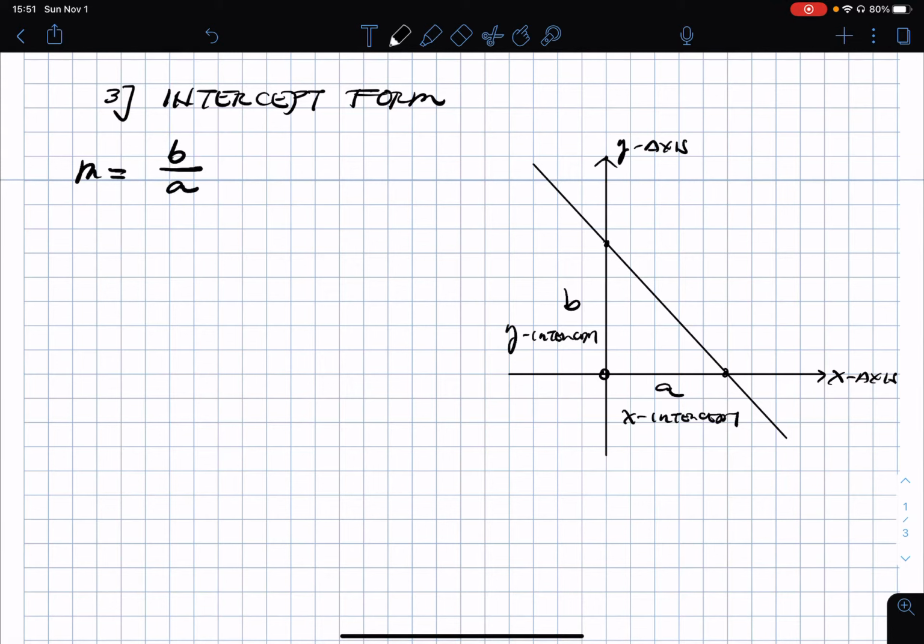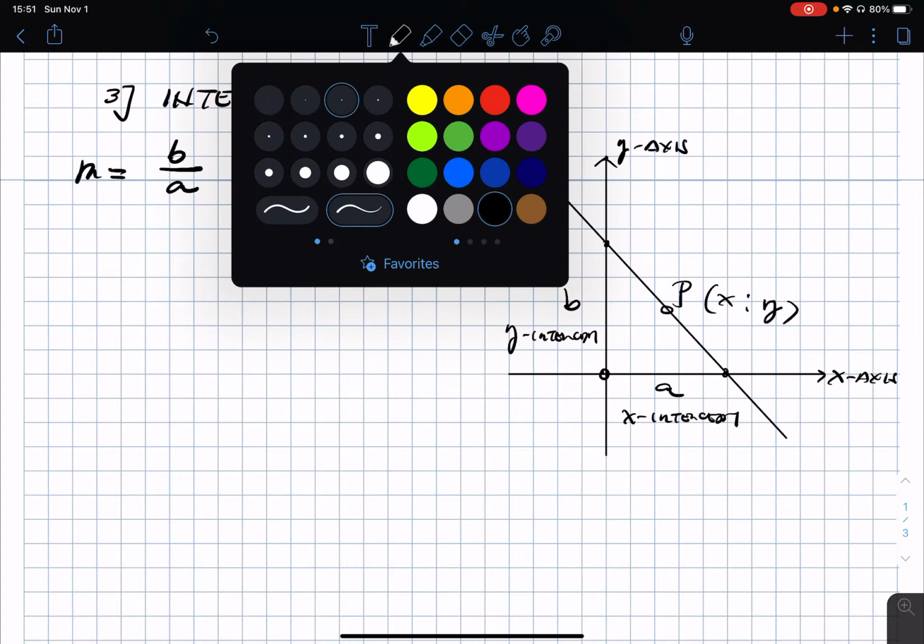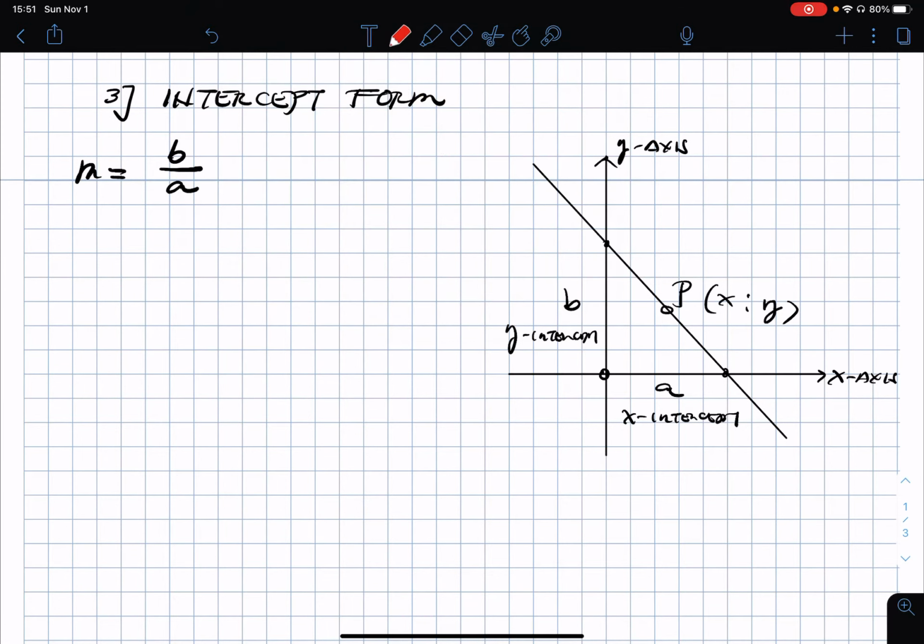Now, if we randomly select a point on the first quadrant, say this is point P with coordinate x and y, our imaginary triangle will be this one.